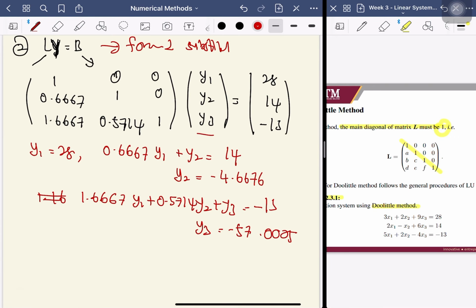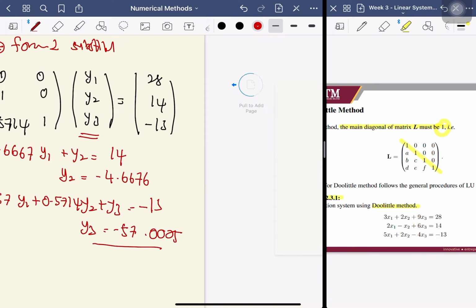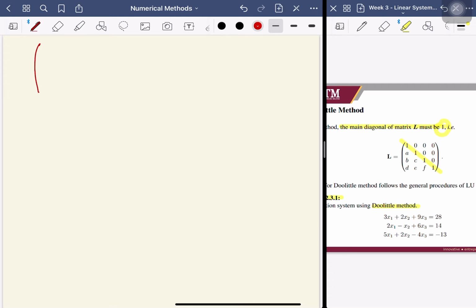We will use these values to solve the third part, Ux equal to y, because we are actually looking for the values of x. We know the elements in U, and now we have solved for the elements of y. So if we write, we have: 3, 0, 2, negative 2.3334.